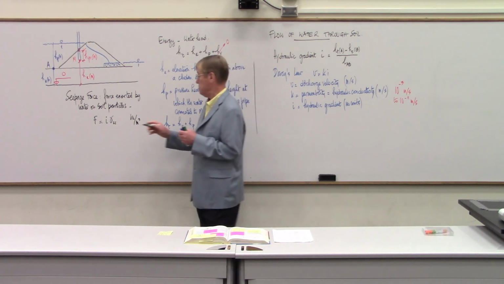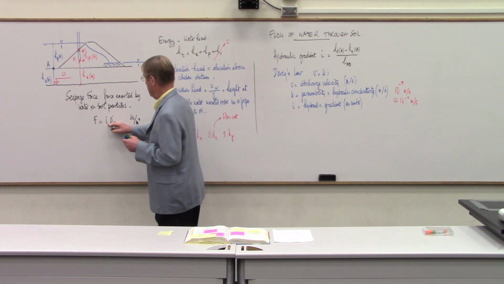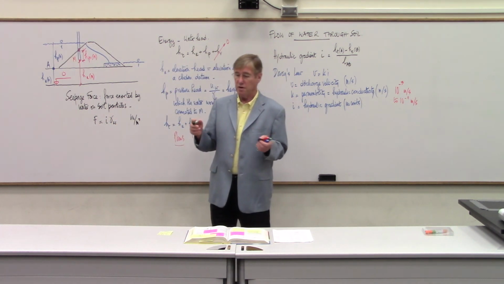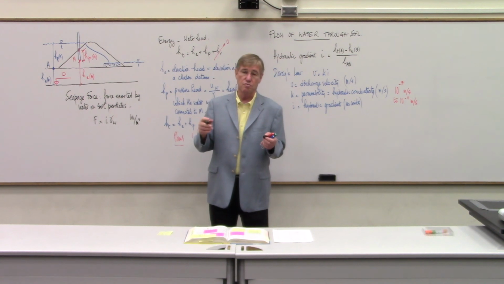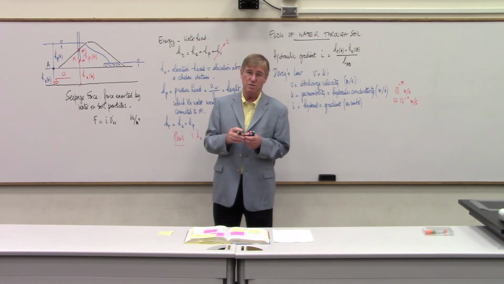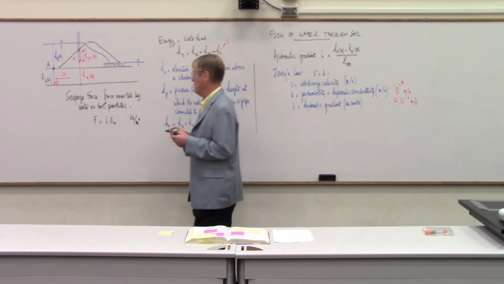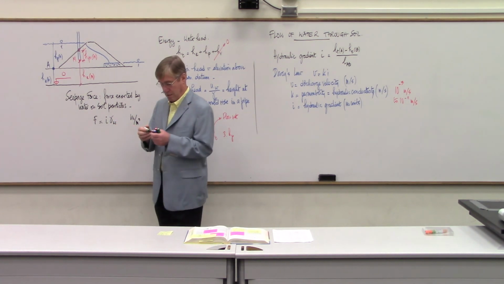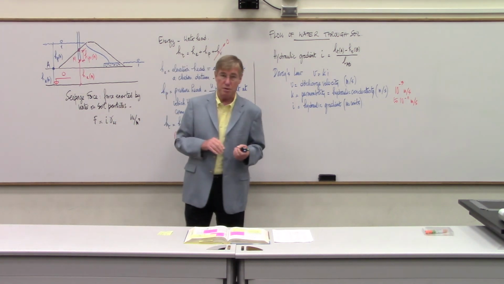And that force, let's say that the hydraulic gradient will vary from 0.1 to 1. If you're at 1, you're starting to really ask for trouble. But let's say that it's 1, so you're talking about 10 kilonewton per cubic meter.